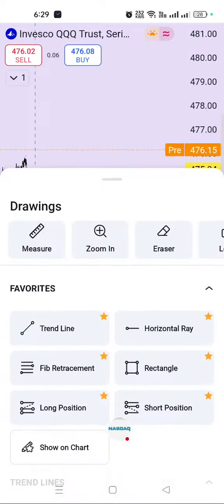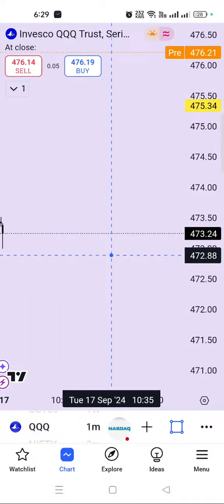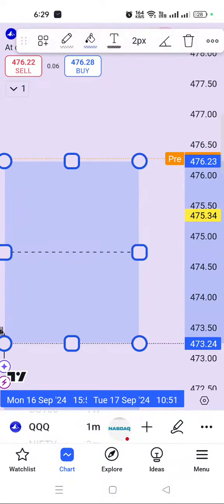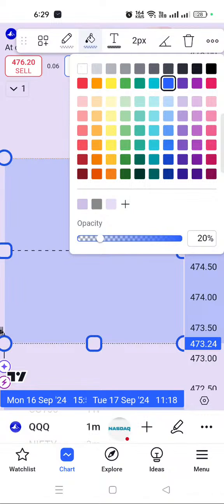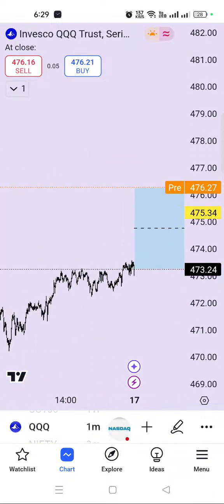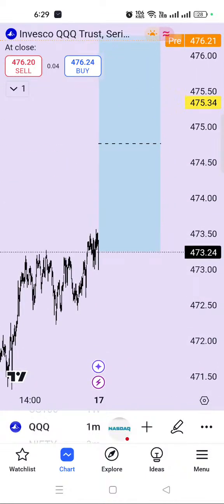So a gap within a gap towards the upside. Twenty seconds. The market is open.